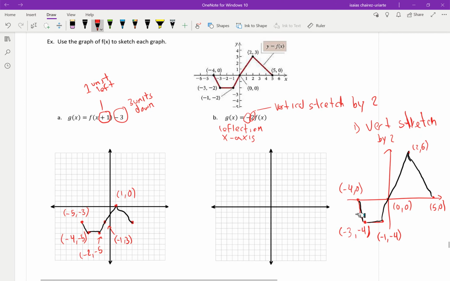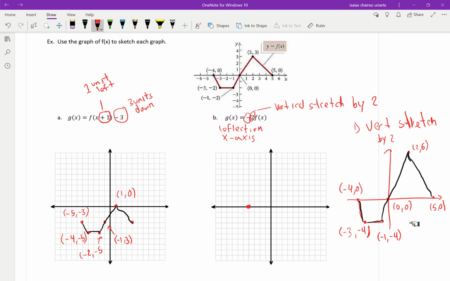If it's a point on the x-axis, it stays on the x-axis. But if it's a point below the x-axis, it should go above the x-axis. If it's above the x-axis, it should go below the x-axis. That's what it means to reflect on the x-axis. So I'm going to have the point negative 4, 0, still the same point.